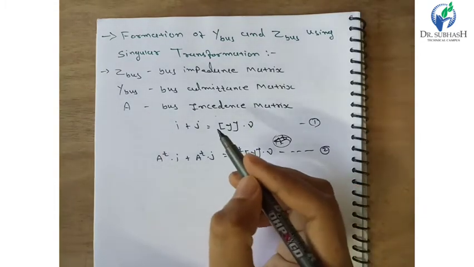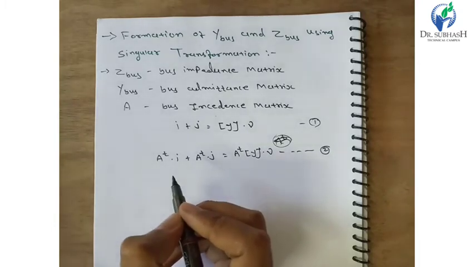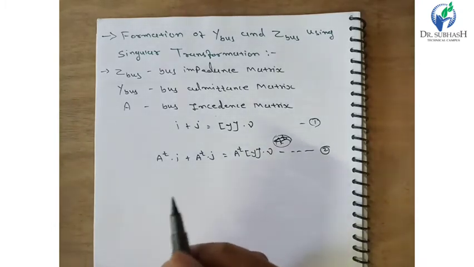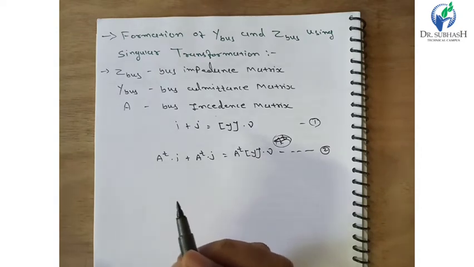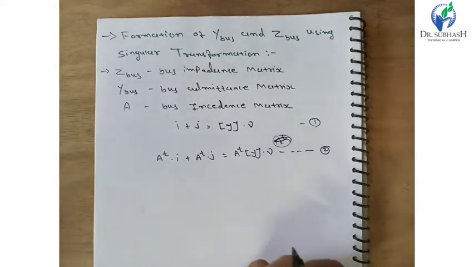According to Kirchhoff's current law, the algebraic sum of currents meeting at any node is equal to 0.